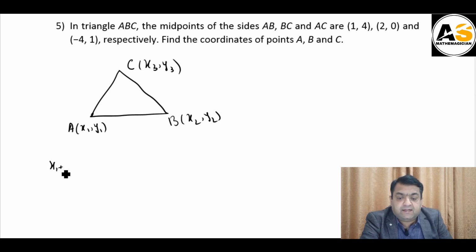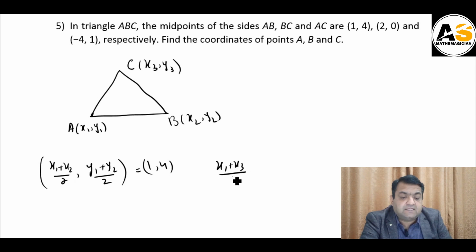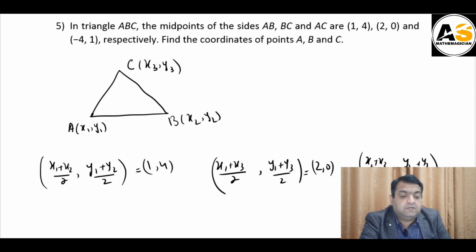Can I write (x1 plus x2) over 2, (y1 plus y2) over 2 is equal to 1, 4, and (x1 plus x3) over 2, (y1 plus y3) over 2 is equal to 2, 0, and (x2 plus x3) over 2, (y2 plus y3) over 2 is equal to minus 4, 1.